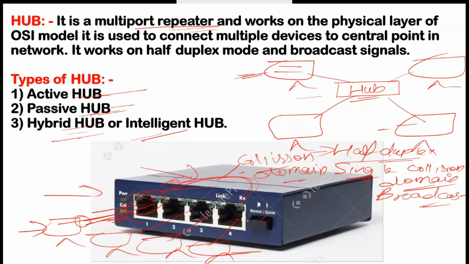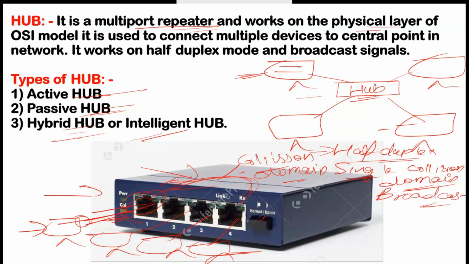Because the path is the same. When you send the data from second to third, it passes through the same collision domain, so first and fourth can also access it. That means it works on broadcast. It will broadcast your signal. Because of these reasons, nowadays it is removed from the market and from enterprises.